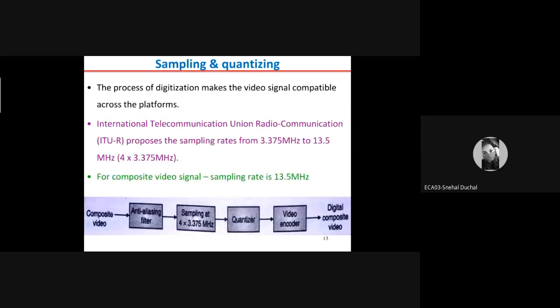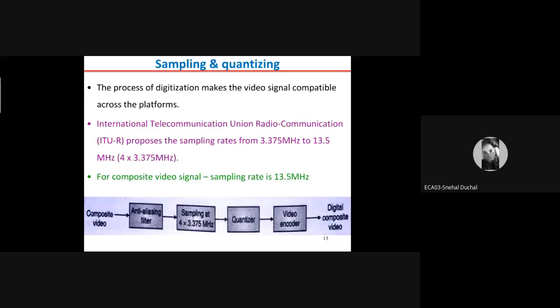Similar to that, in order to represent digital video, we have to use the concept of sampling and quantization. In the sixth unit, we also study various formats. That format is called the ITU-R format. We will study the ITU 601 format.